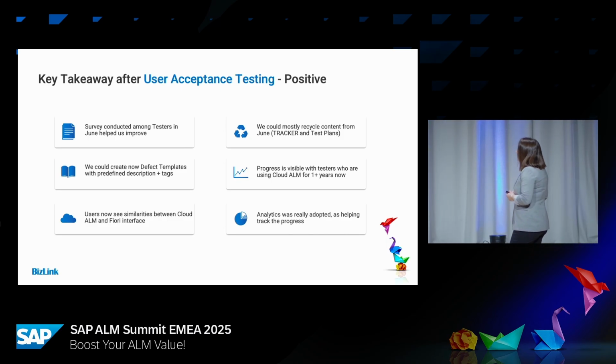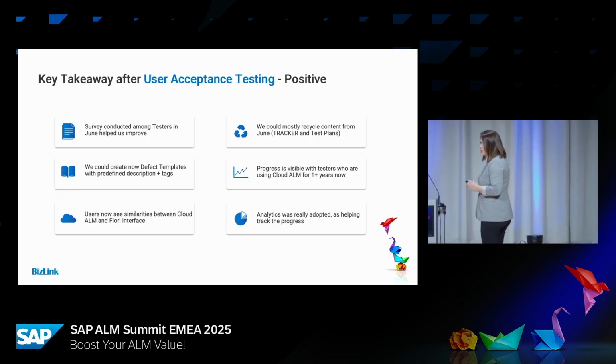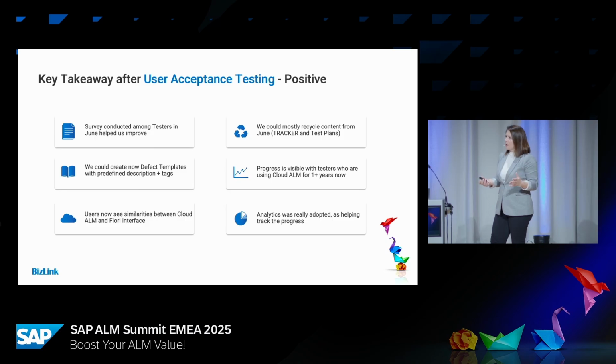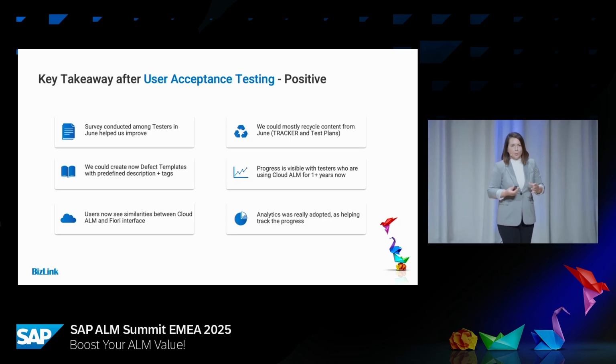And analytics was definitely adopted all over. Not all the users used analytics, but we used it heavily to share progress everywhere, and program management and management in general appreciated that you can have, with one click, whatever you need. So where are we with defects? How many of them are high priority?